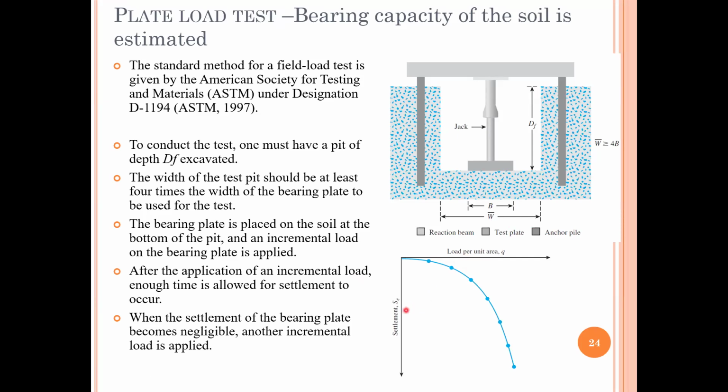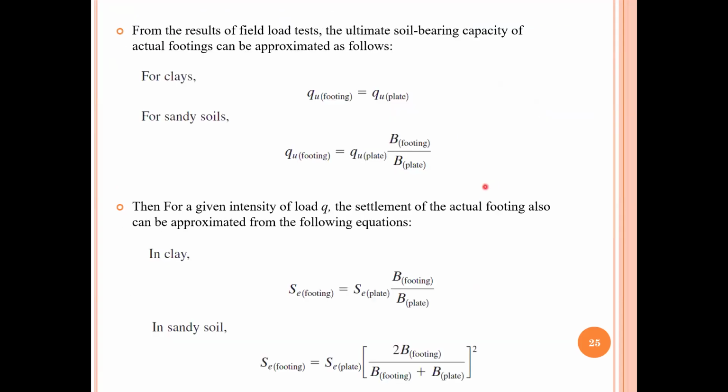Now the question is, the width of this plate is not the width of the foundation. The foundation width may be different. So how do we extrapolate or interpolate what the settlement will be if we have a 2 meter wide foundation, or a 6 meter wide foundation? That's where we will be using these two.